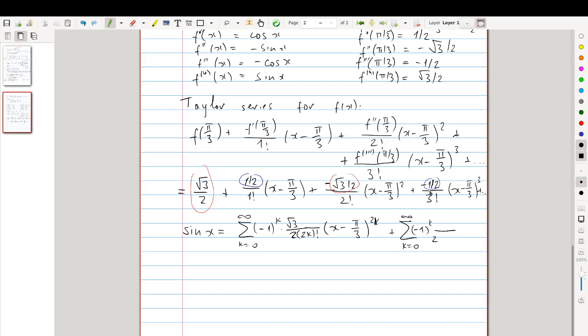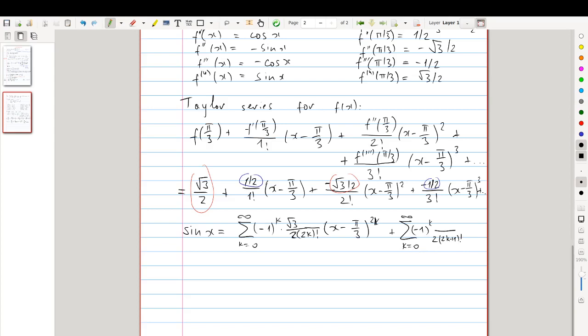Then I have the corresponding factorial, which in this case is 2k plus 1. So you can see that we start with 1 factorial, and so that corresponds to k being 0. We have 2 times 0 plus 1.